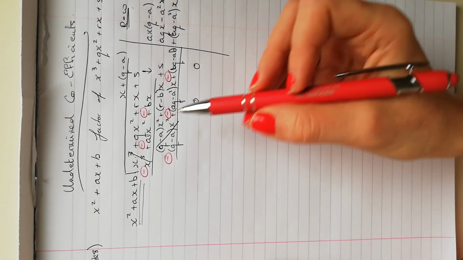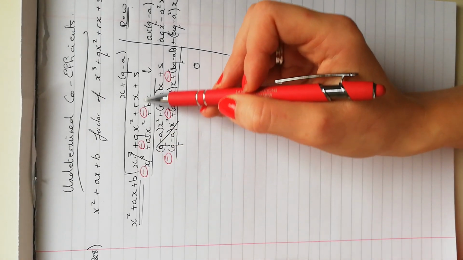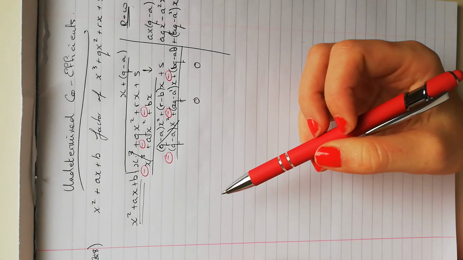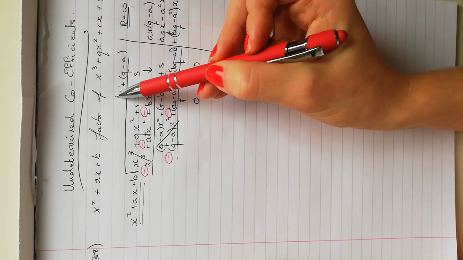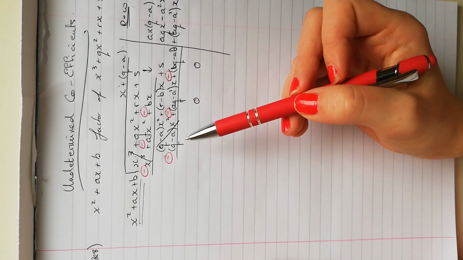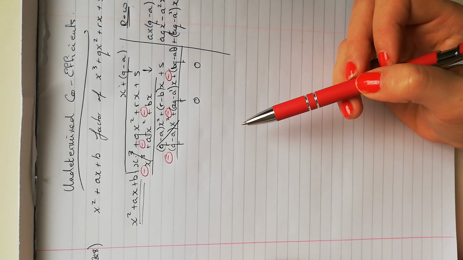Now I know I'm finished, because when we divide a quadratic into a cubic, we find one other linear factor. Linear factor meaning an x term and a constant. So we have to be done. Therefore, these have to add to give us 0.